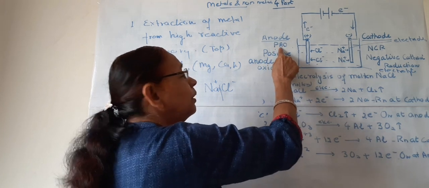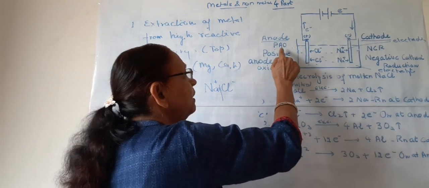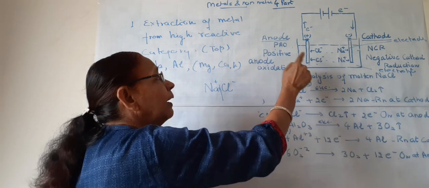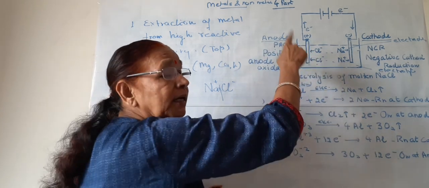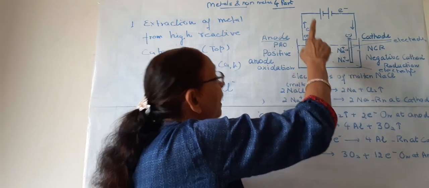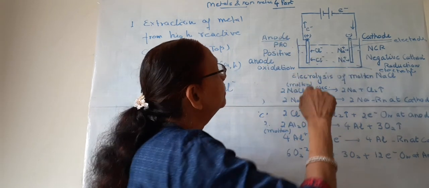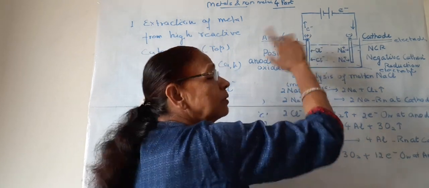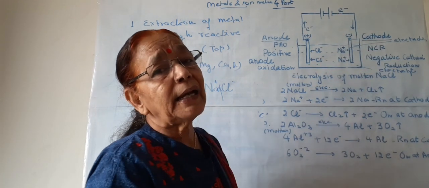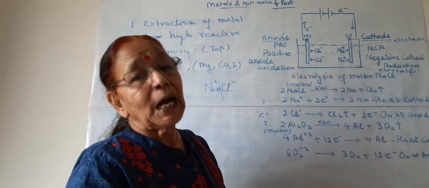And PAO is positive anode oxidation. It means the anode is positive and oxidation takes place on the anode. How is oxidation taking place? When electrons are lost, then oxidation is occurring.